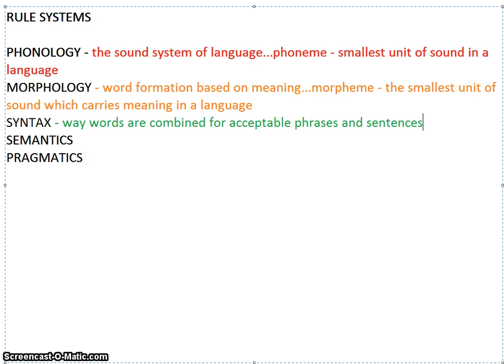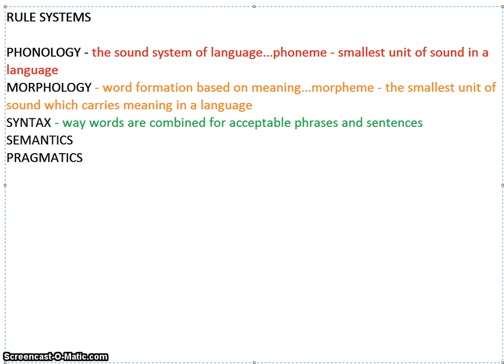This has to be in the correct order for it to have appropriate syntax. It's the way the words are combined. So "I go to the house" has appropriate syntax. "House to I go," not quite. It doesn't make as much sense because the word order is a little wonky.